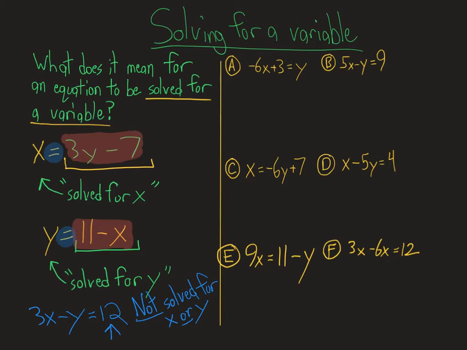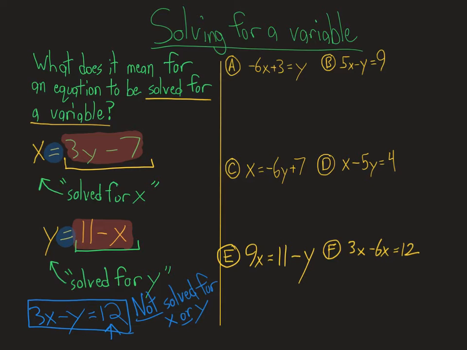It's not useful to us. It's not a type of expression or goal we would have. So since it's not solved for x or y, it's not solved for anything that's useful, this is actually called standard form. You usually need to take standard form and rewrite it into some other form to be able to use it for things.